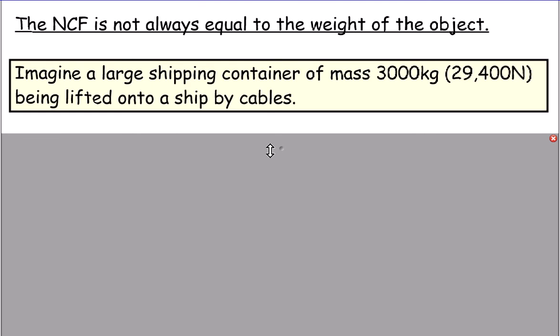Right, imagine one of those giant metal shipping containers, okay, and I've said it's 3 tons, 3,000 kilograms, and if you times by 9.8, that's 29,400 newtons, okay, and it's currently sitting on the dock, and they've put some cables on it, and they're going to lift it up onto the ship.